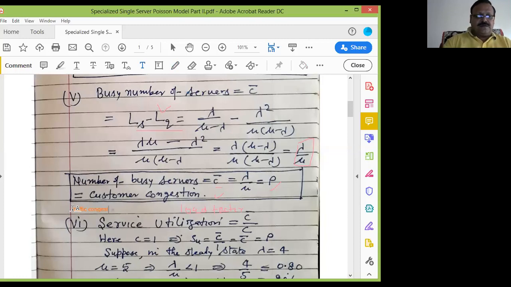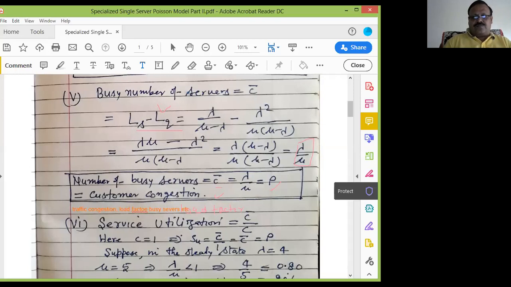Its name is different: load factor, traffic congestion, busy servers, etc. So its name is different, and therefore this is a very important performance measure for evaluating the performance of the queuing system.